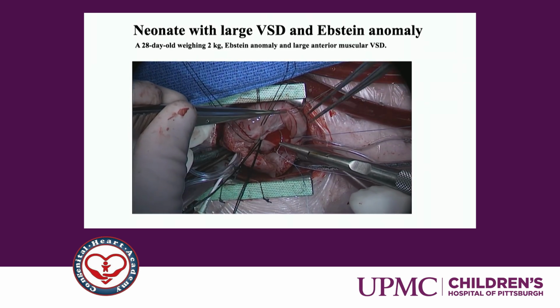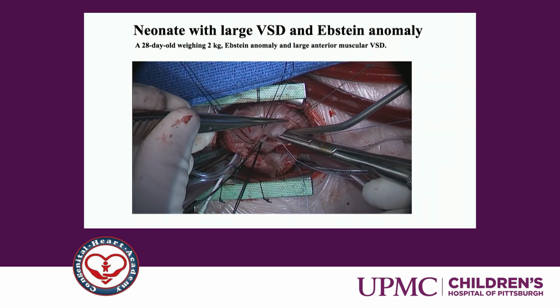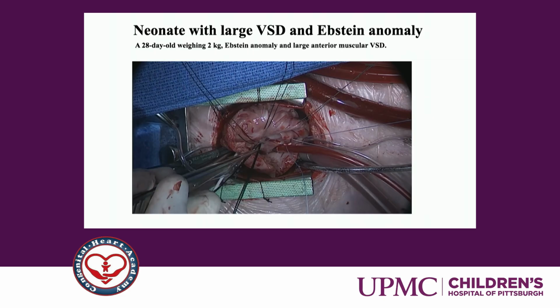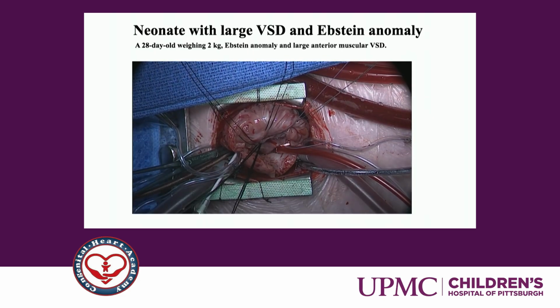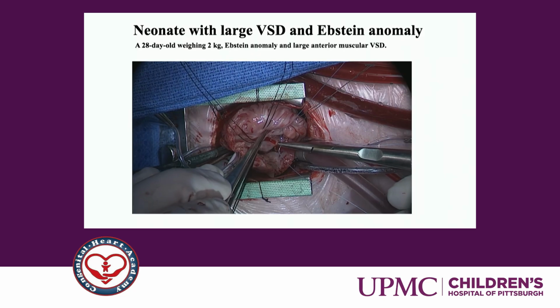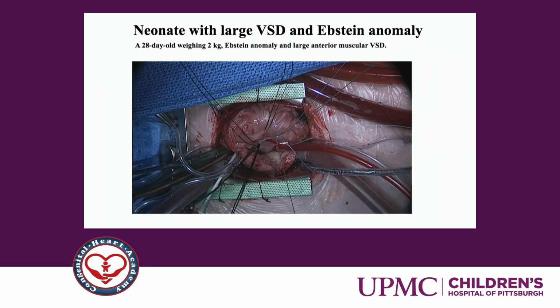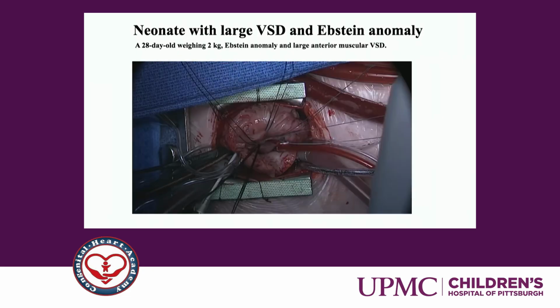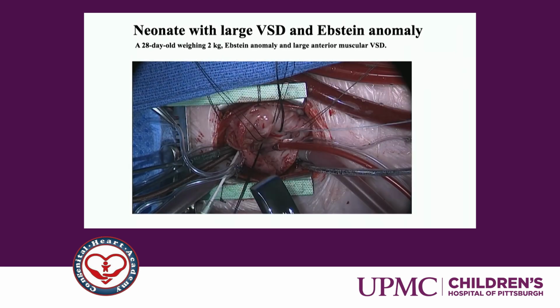Here I go to the annulus, next to where the anterior leaflet is attached, and the other part of the annulus will be closed with the same suture, and the tricuspid valve annulus will be decreased roughly by half to ensure competence of the tricuspid valve.